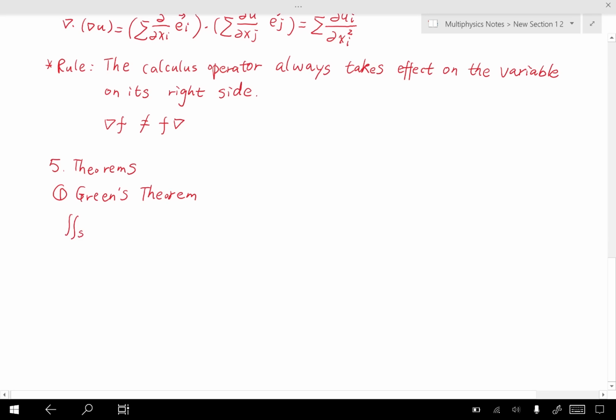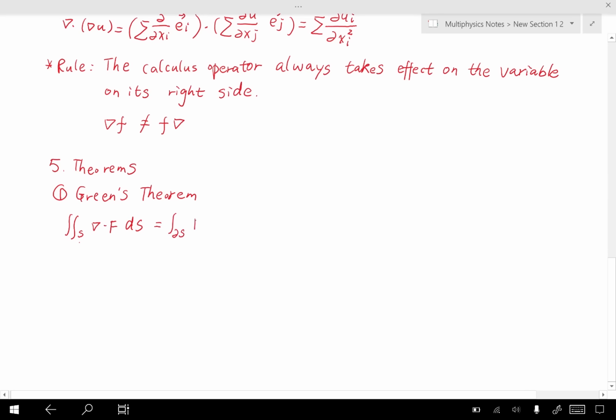So here, Green theorem, this is for 2D. So S means the surface, and the ds is a surface element. So the integral of this divergence of U on the surface S equals a line integral.